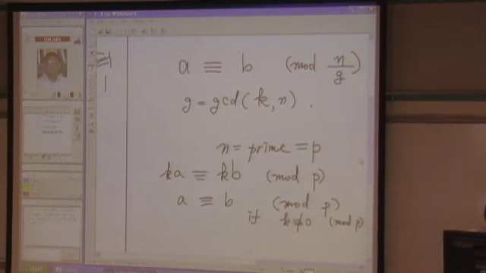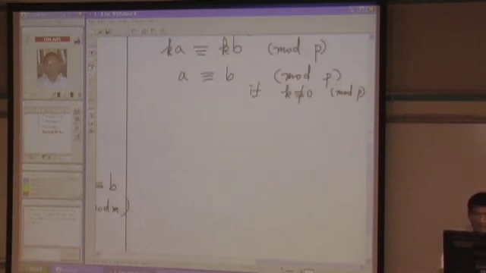Then it's time to cover the important thing. That is chapter 5. Here we cover a very, very important theorem, Fermat's theorem. There is a bigger theorem, so I will call this the little theorem.